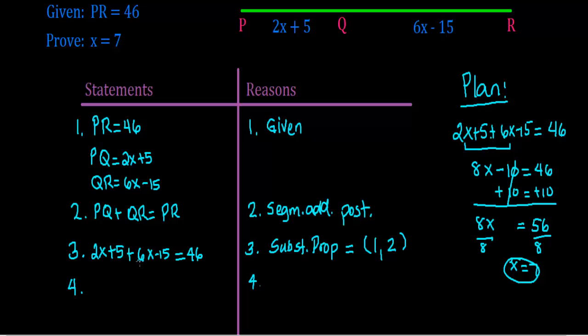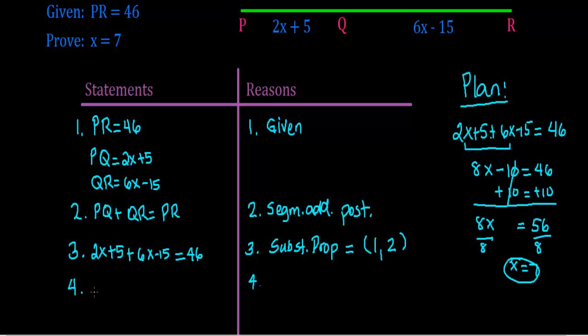Before you do that, who allows me to add 2x and 6x and get 8x? What property do I know that lets me combine like terms? And that property is called the distributive property. Okay? And it's because of the distributive property that I'm able to add 2x plus 6x.